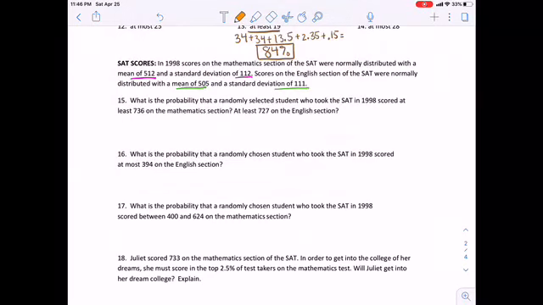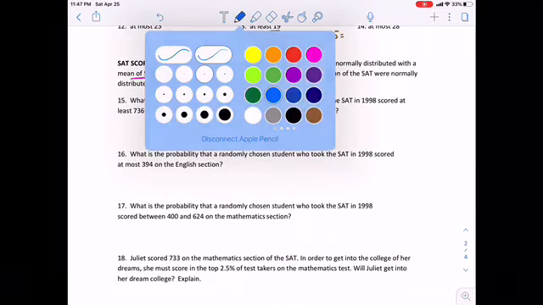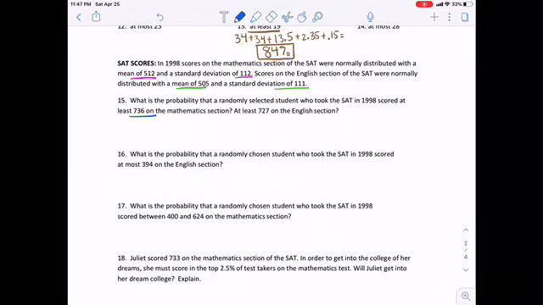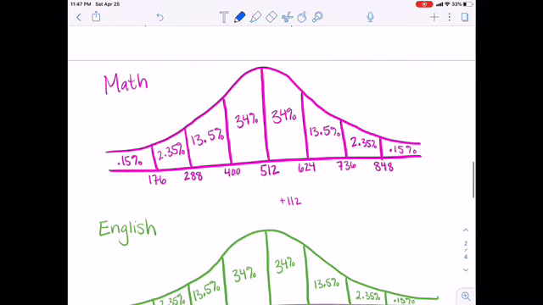So we're going to look at the math section first, and we want to score at least a 736. So if I want to score at least 736, it's okay to get higher than that, but not lower. So I look at my normal curve, and here is my 736 right here. So I'm going to add these sections that are higher than 736.